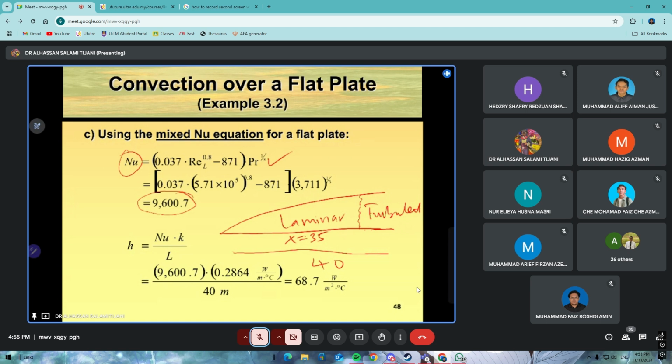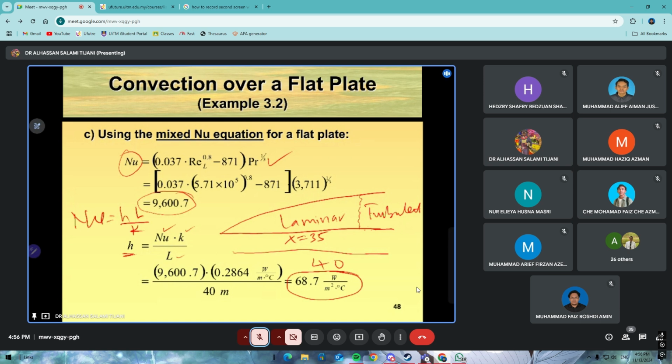So based on this information, we are now going to find the heat transfer coefficient. The heat transfer coefficient is given by Nu = hL divided by k. All right. So now h equals Nu times k divided by L. So eventually we'll have the heat transfer coefficient to be 68.7.